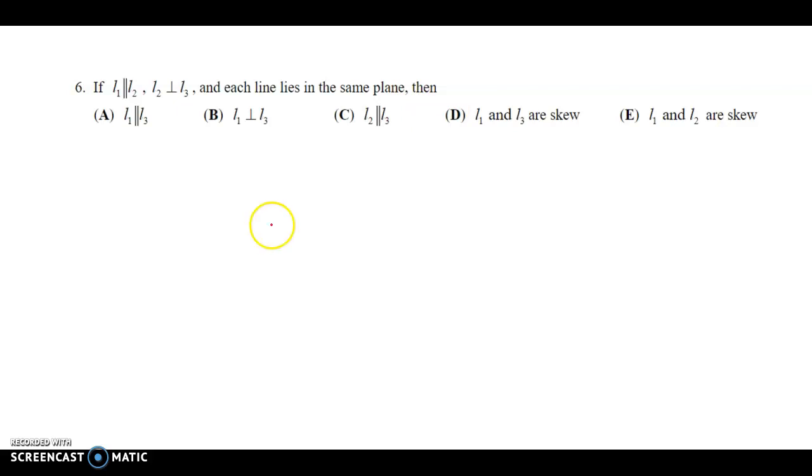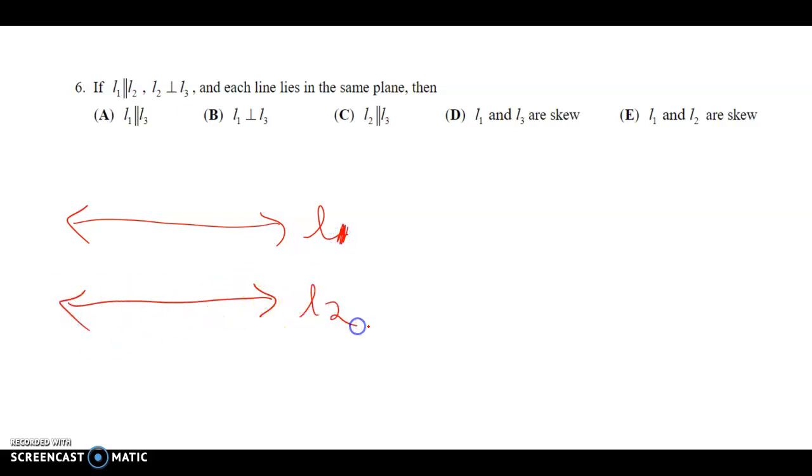So here are my parallel lines, L1, L2, and L2 is perpendicular to L3. So if I cut this as a transversal here, I'm looking at L3.